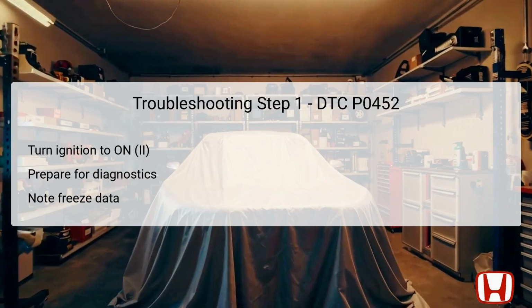The first step in troubleshooting DTC P0452 starts with turning the ignition switch to the on position, which activates the vehicle's electrical systems while ensuring that the engine control module, ECM, is powered up for diagnostics. This allows for the retrieval of important data, including any stored freeze frame data that captures the vehicle's operating condition at the time the fault was recorded.